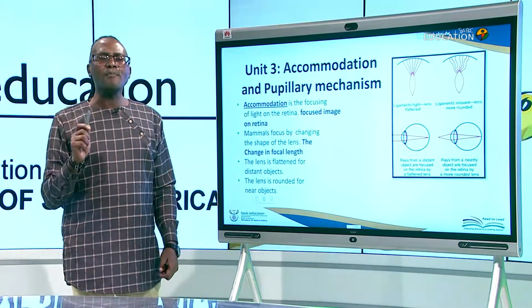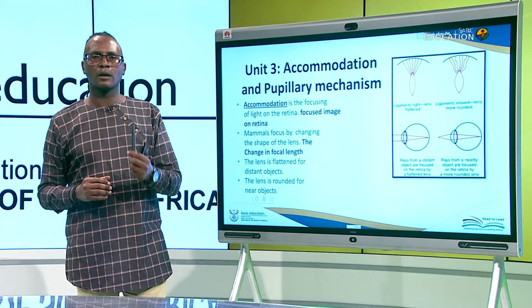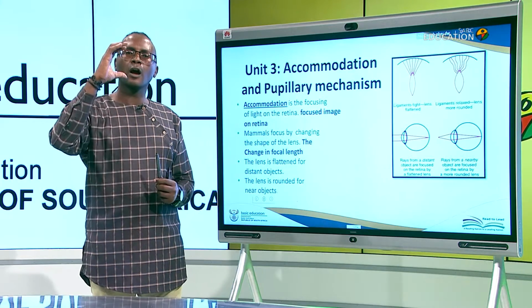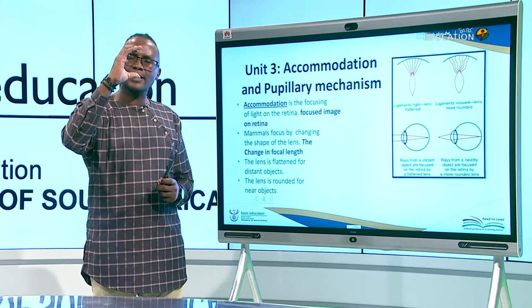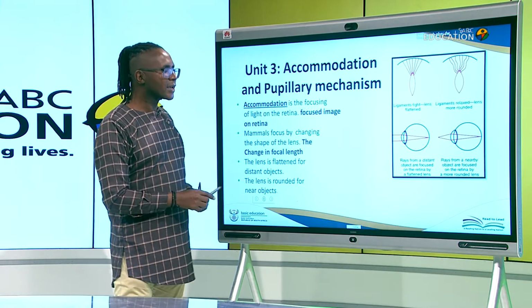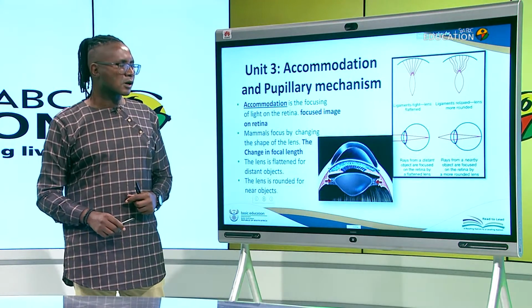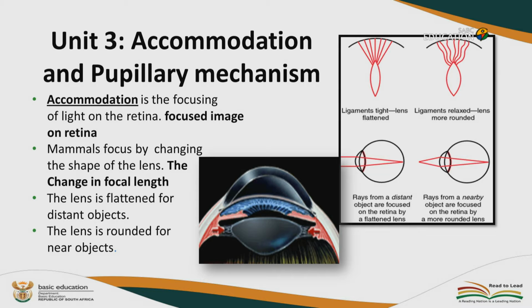So it has to do with the change in the focal length. Now, remember that our lens is convex in nature, and it changes. I want you to look at the animation here. It's concave, convex, convex, concave.